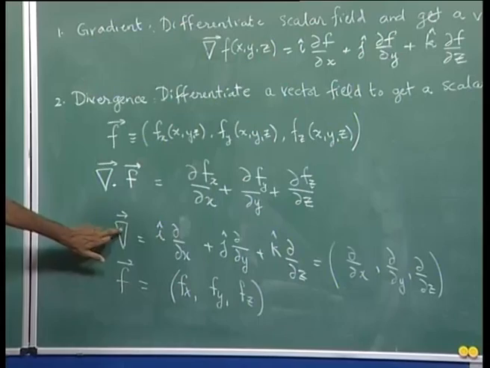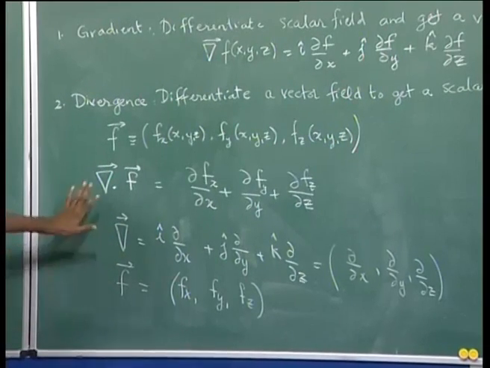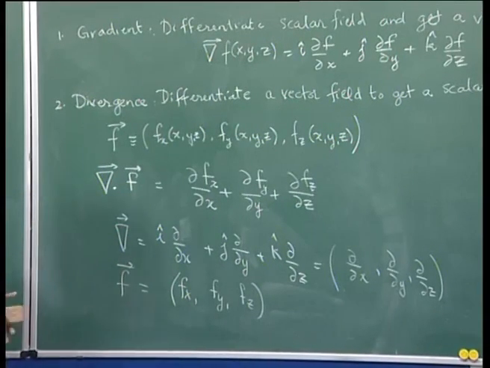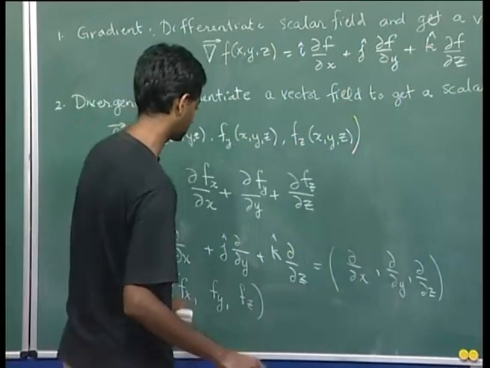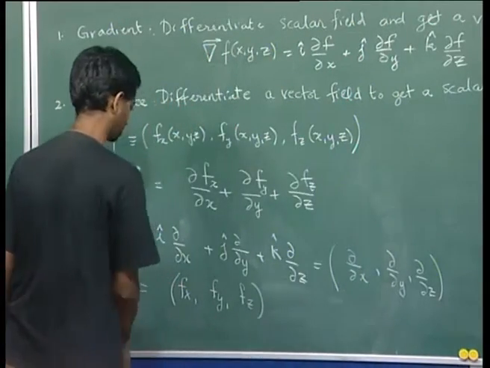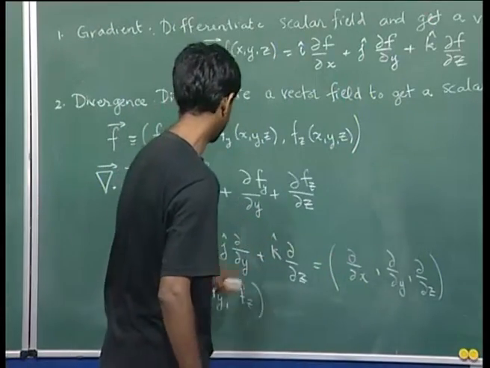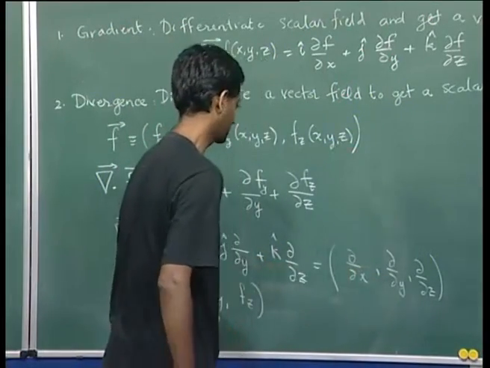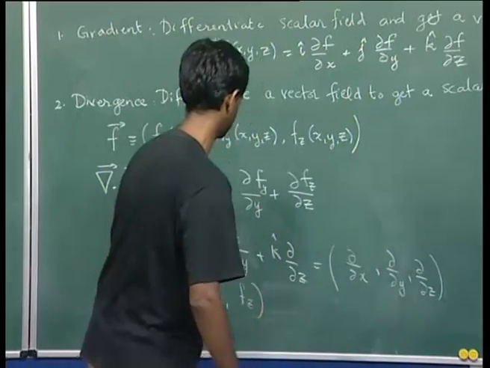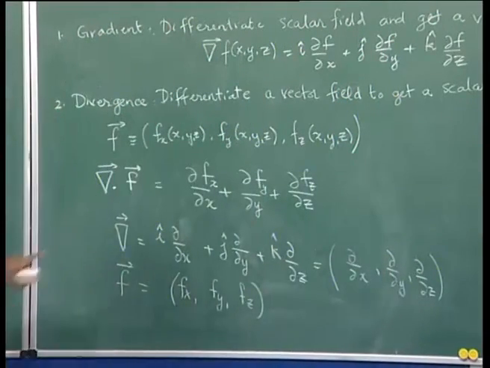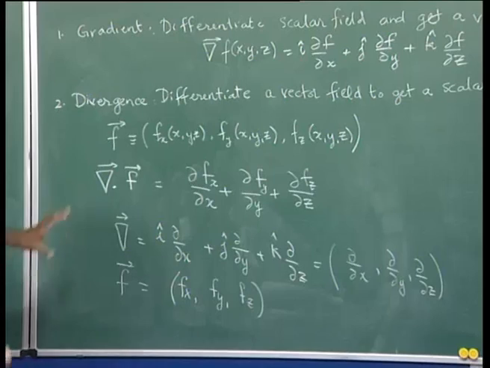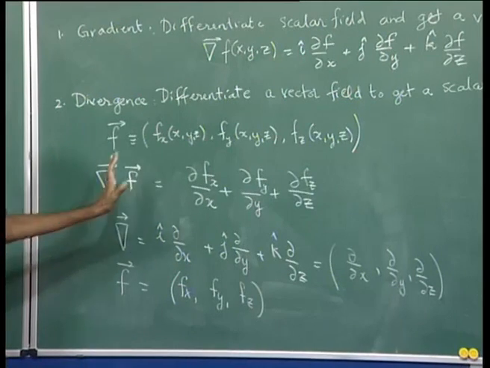You are taking a dot product of del dot f in this particular direction. And what that looks like, if you are doing a dot product, you would get exactly d by dx operated on f x, and d by dy operated on f y, and d by dz operated on f z. Okay. So therefore this notation is consistent with the idea of this dot product.